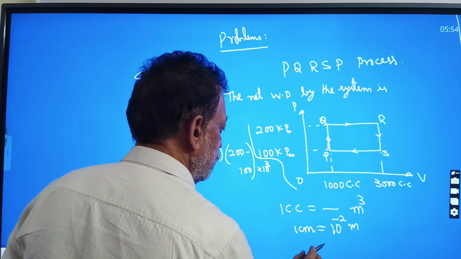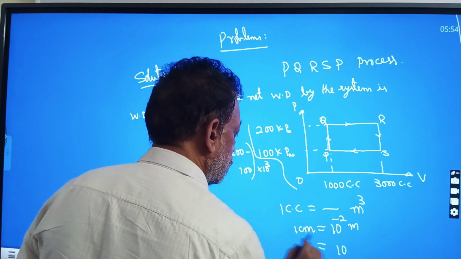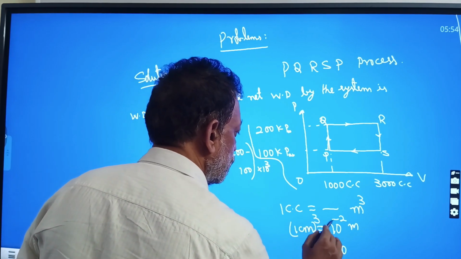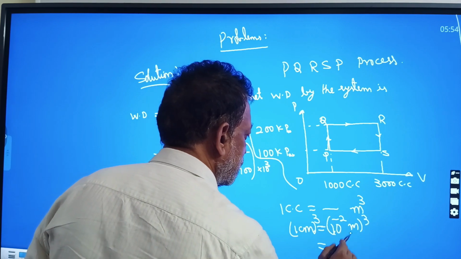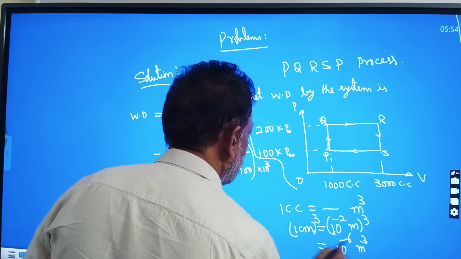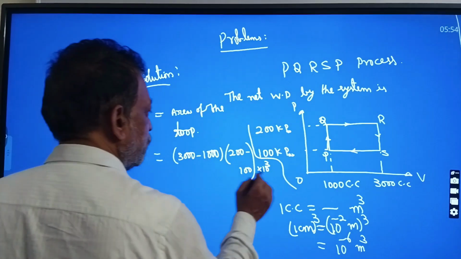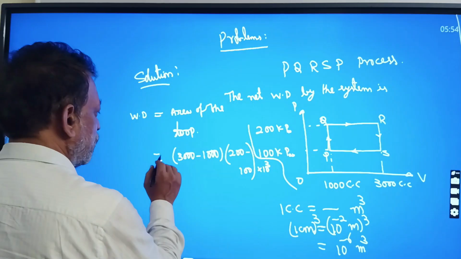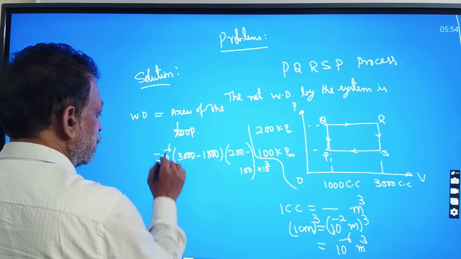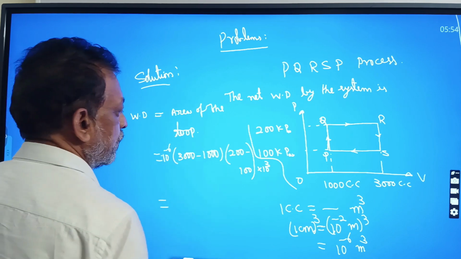Therefore you get 10 to the power of minus 6 meter cube. So you have to multiply this one, either here or there, by 10 to the power of 6. Right, complete.